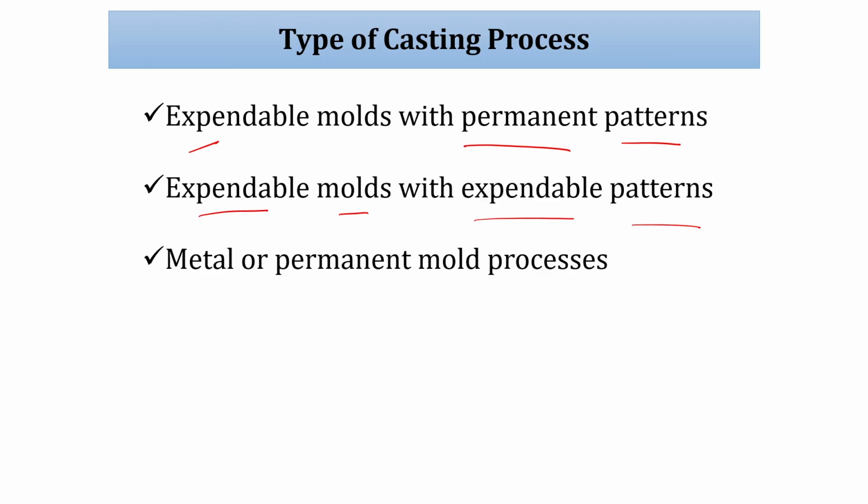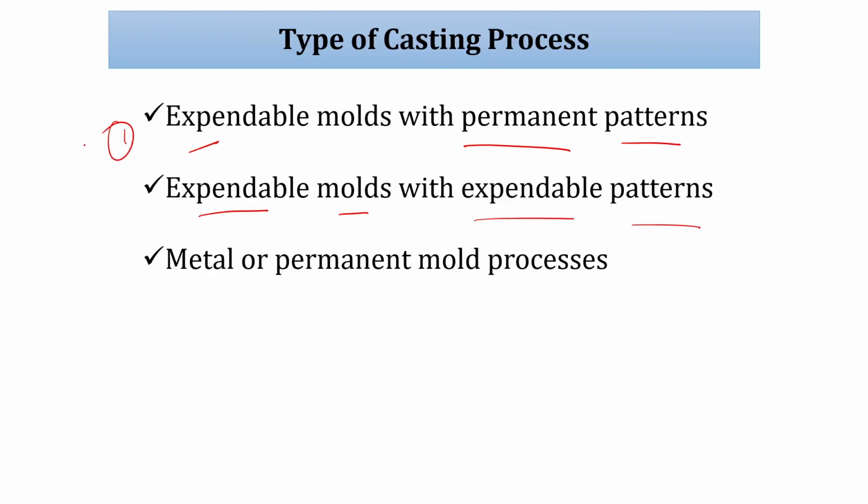First is expandable mold, meaning you are going to destroy the mold, or after the casting you are not going to reuse it, but the pattern is permanent, meaning you are not going to destroy the pattern. The pattern is fixed, but you change the mold always. That is the first category.